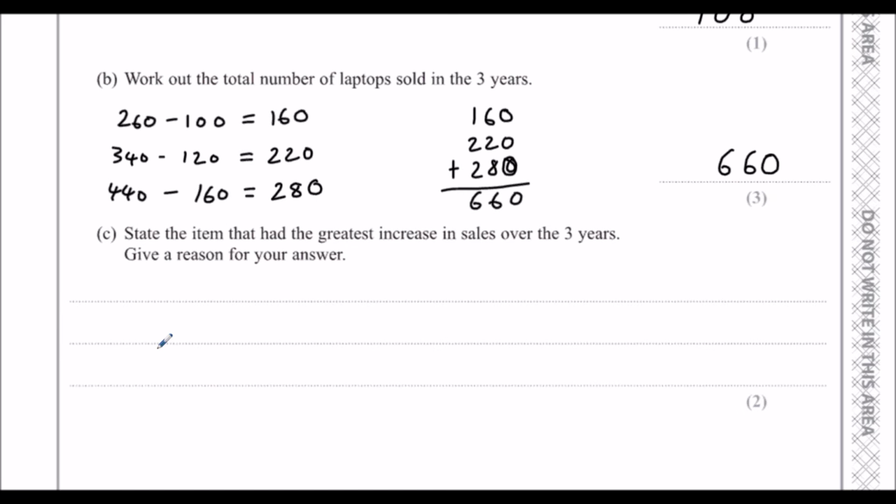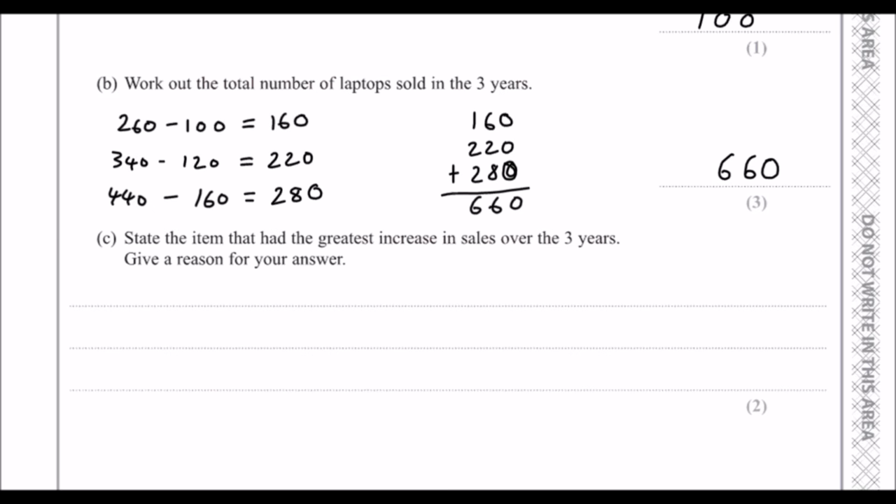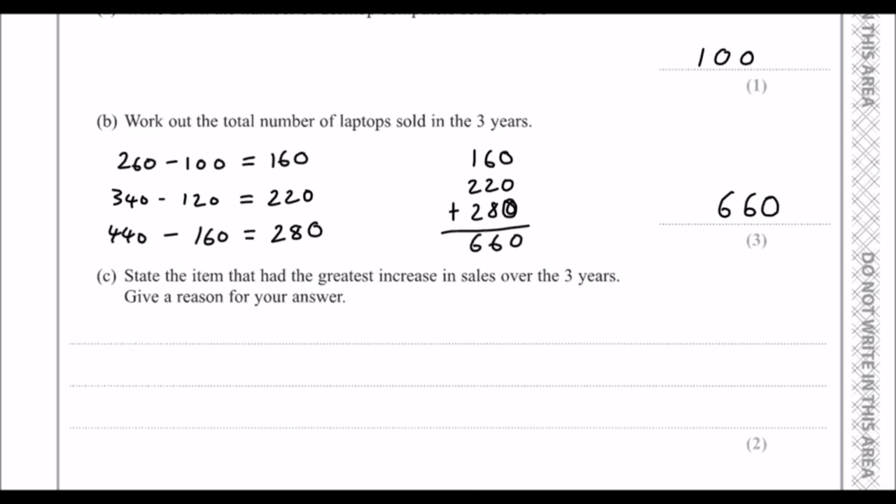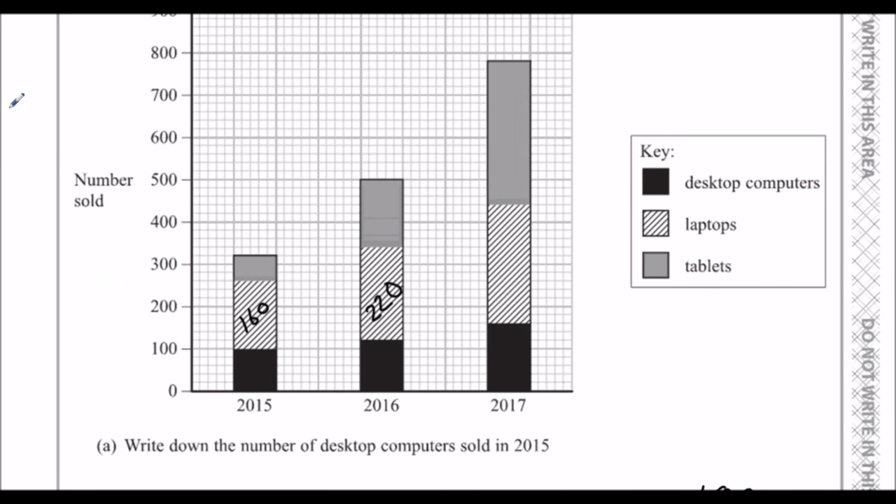Part C, state the item that's had the greatest increase in sales over the 3 years. Give a reason for your answer. So where's the greatest increase?